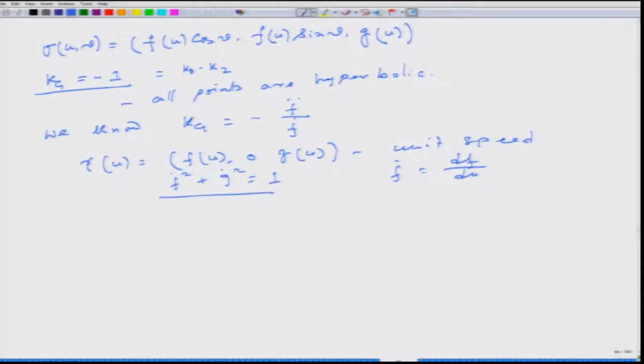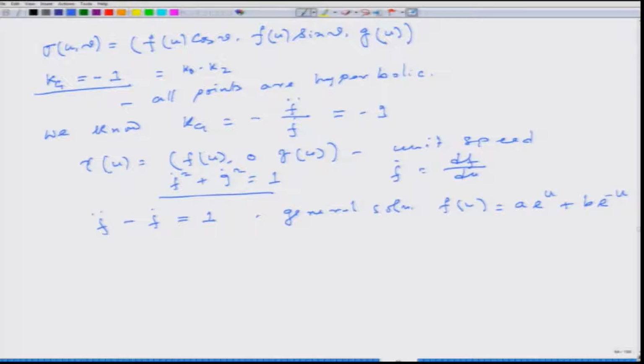Now, if this is equal to -1, this gives rise to a differential equation. This is a linear differential equation whose general solution is f(u) equal to a e^u plus b e^(-u).